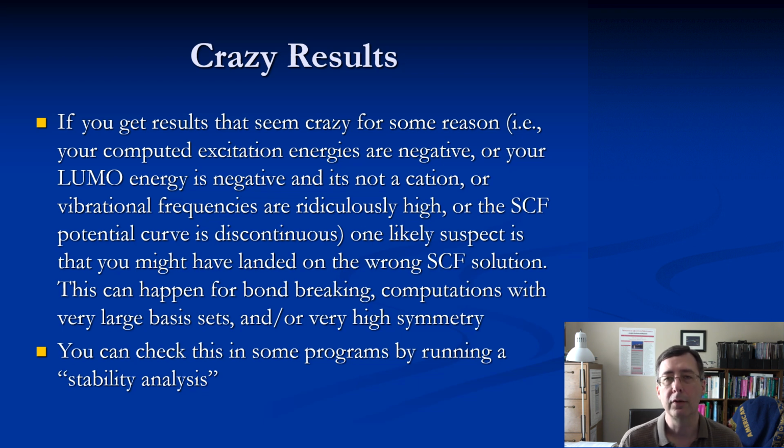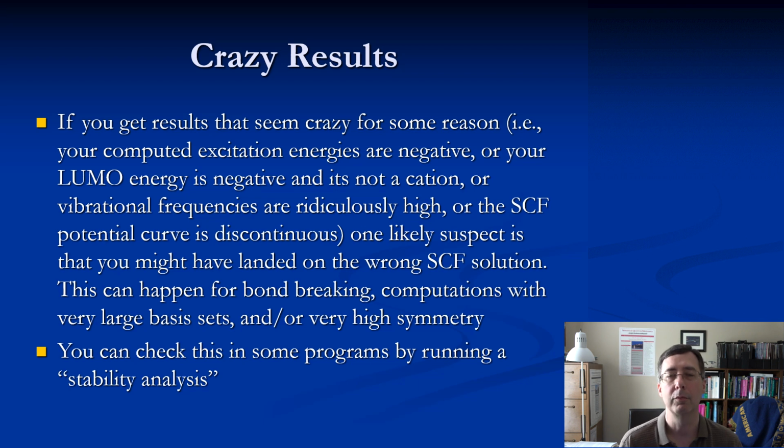If you are concerned you might be on the wrong SCF solution for whatever reason, you can run what's called a stability analysis. Many programs have this. It'll calculate the second derivative of the energy with respect to orbital rotations, rotating one orbital with another orbital. And if you find any imaginary eigenvalues in the stability analysis, it's a sign you're at some unstable SCF solution, and then you want to just walk downhill.